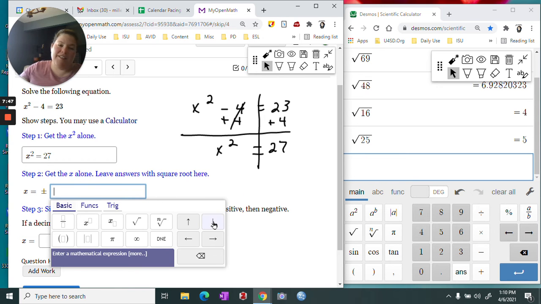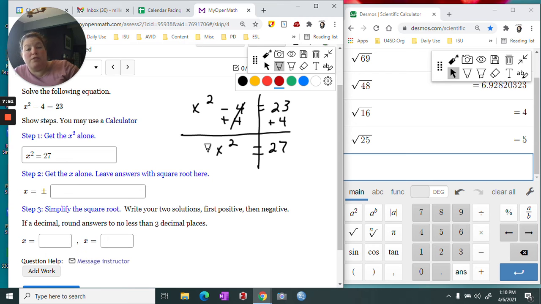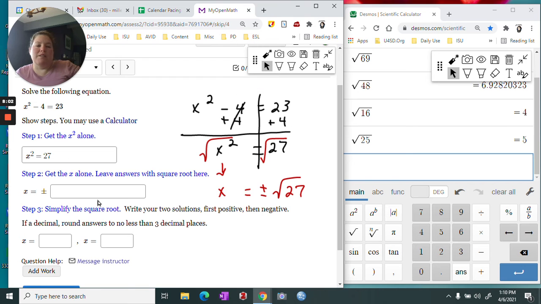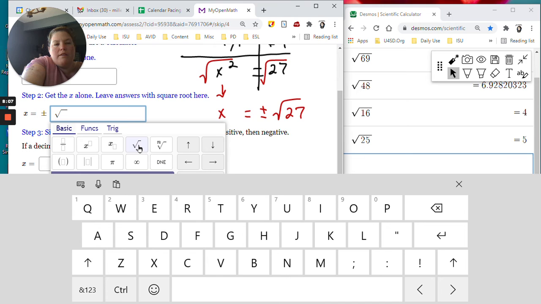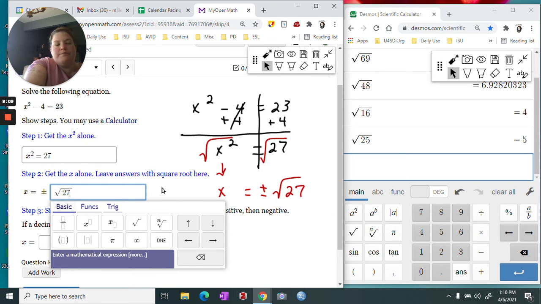Now, get the square root, or get x by itself, so we are going to square root both sides. So that tells me x equals positive or negative square root of 27. So that's what I type into the next box, is the square root of 27.